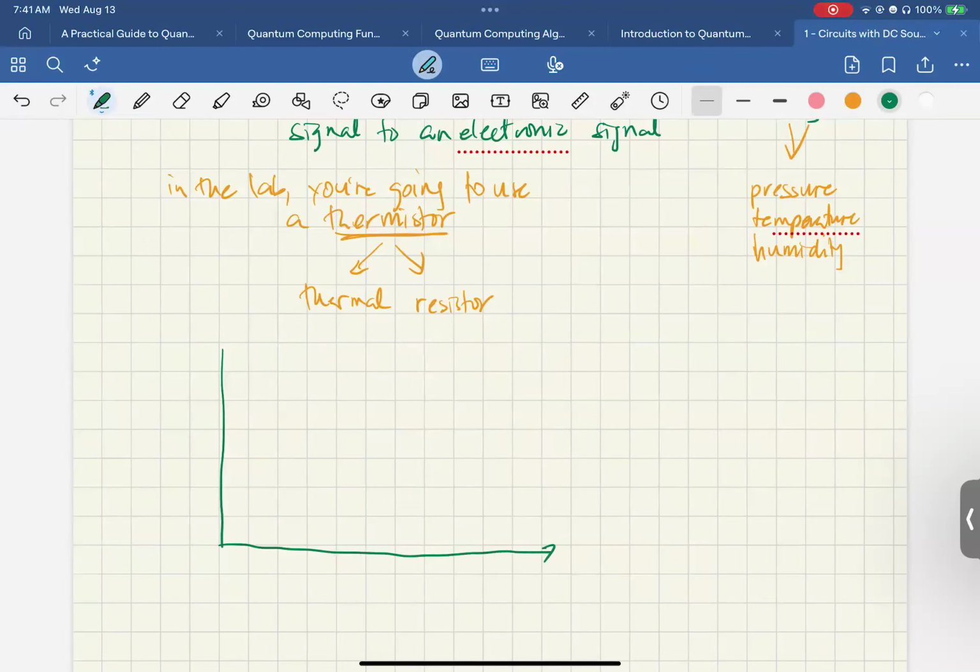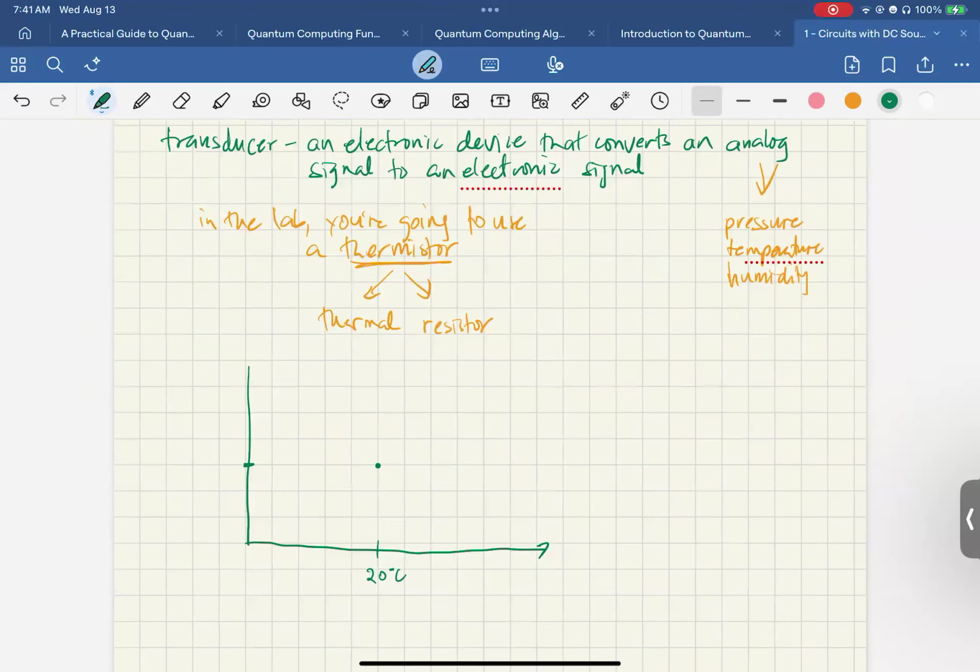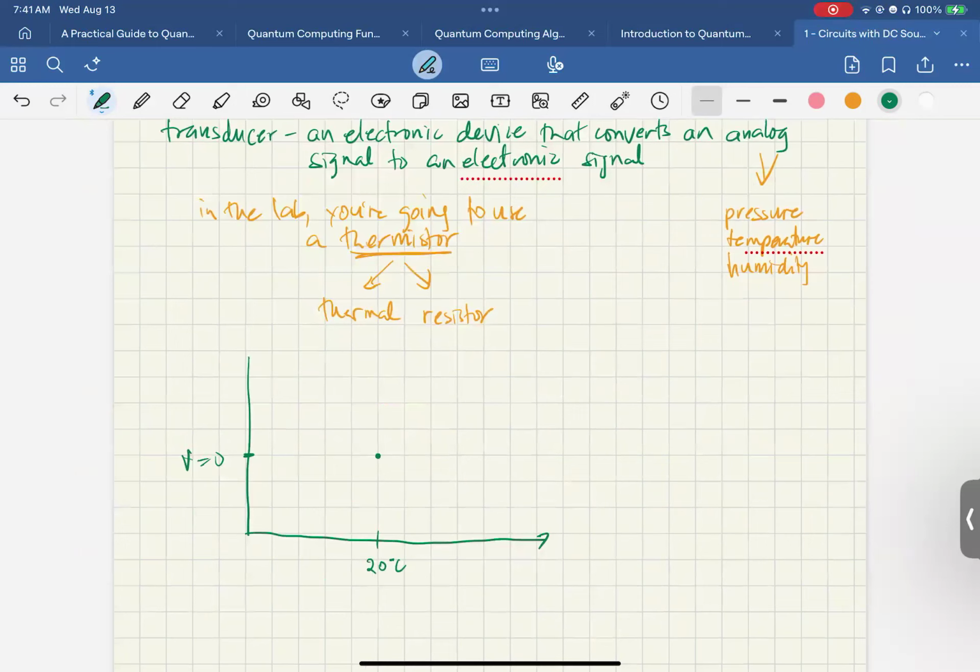So room temperature, sabihin natin nasa Baguio kayo. So room temperature is 20 degrees Celsius. And the bridge is balanced. So that corresponds to 0 voltage. Okay, so yan yung V equals 0. Then you lower the temperature by putting the thermistor in an ice bath.